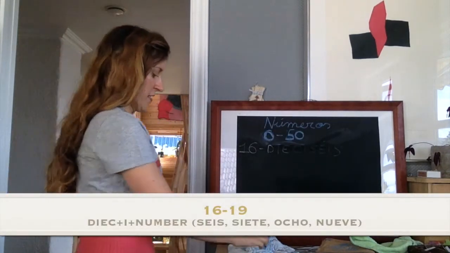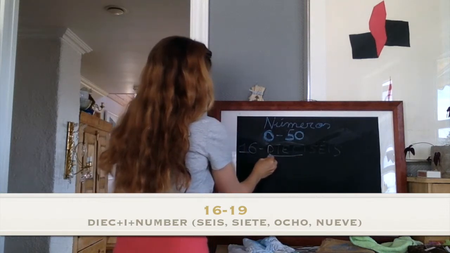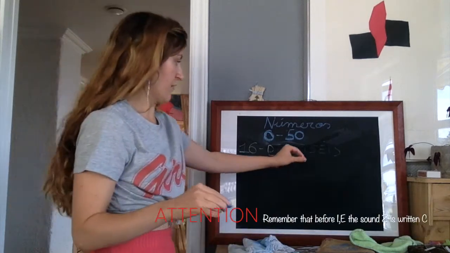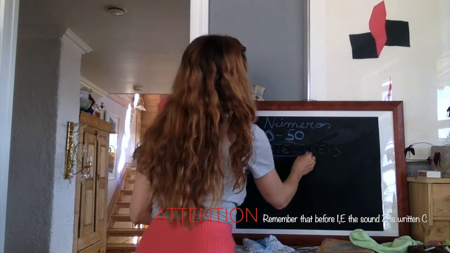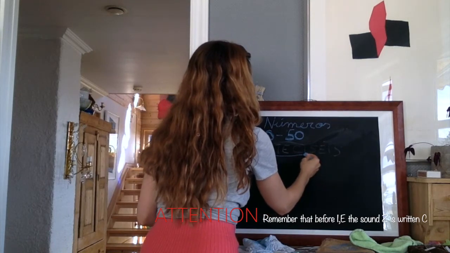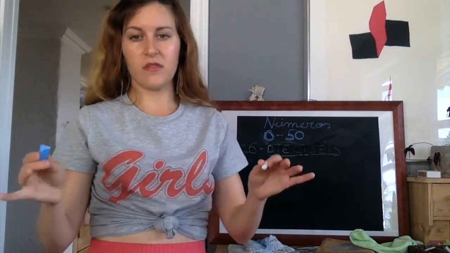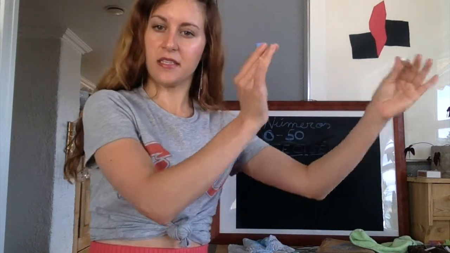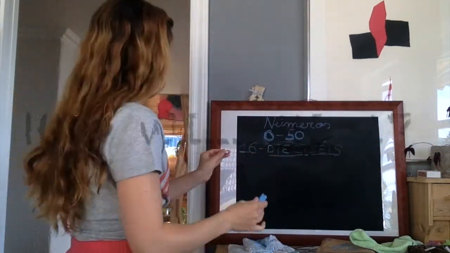So basically, if we divide this, we see that we have 10, written with a C, because after comes an E, and 6. That would be translated into English as 10 and 6. So basically you have to think that. 16.